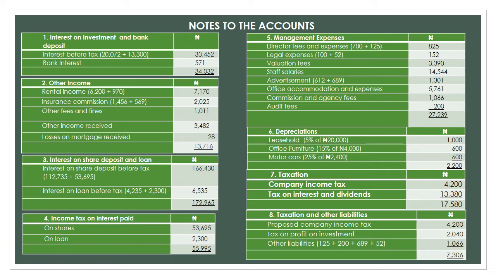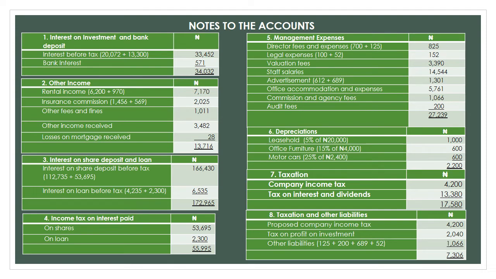This is from the additional information, where it's stated in additional information E: taken into account in the losses on mortgage of 150 naira is 28 naira received in 1999 in respect of losses written off in the earlier years.